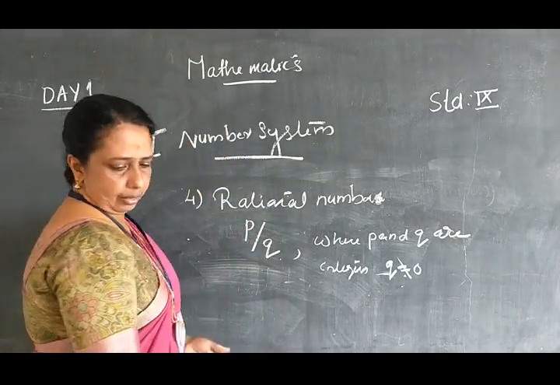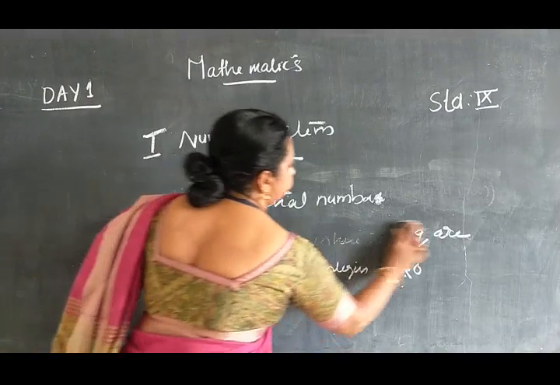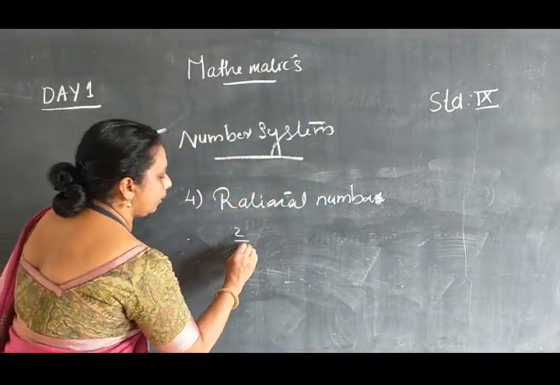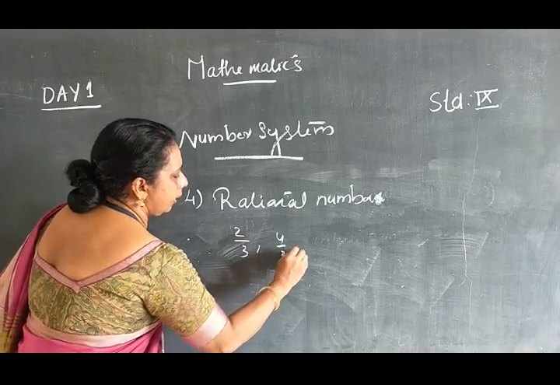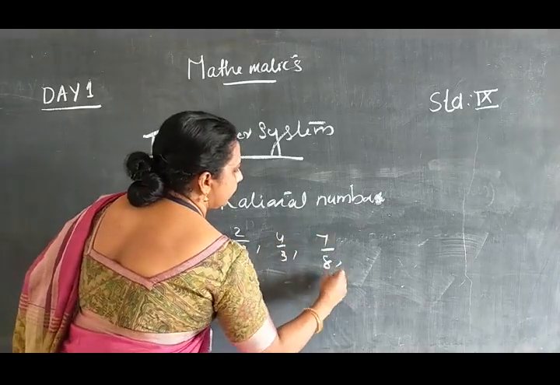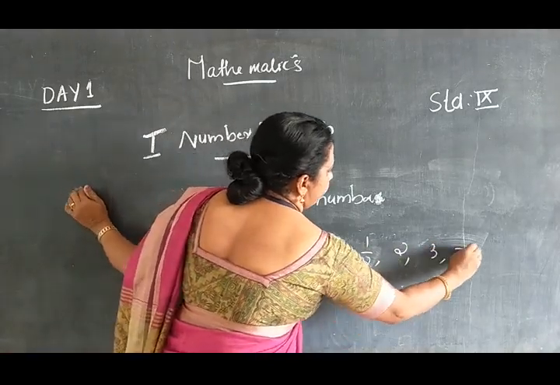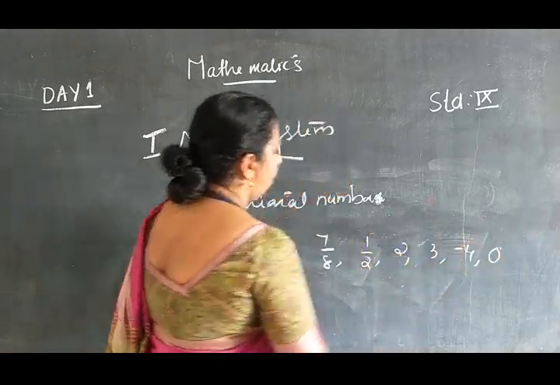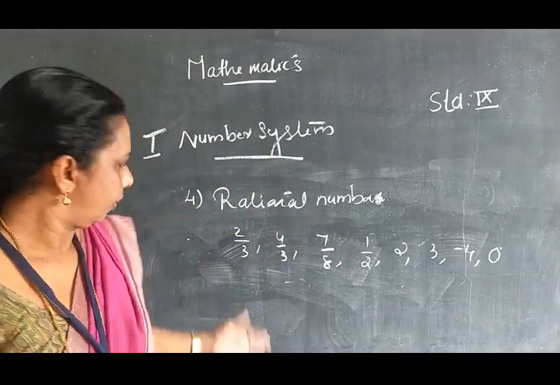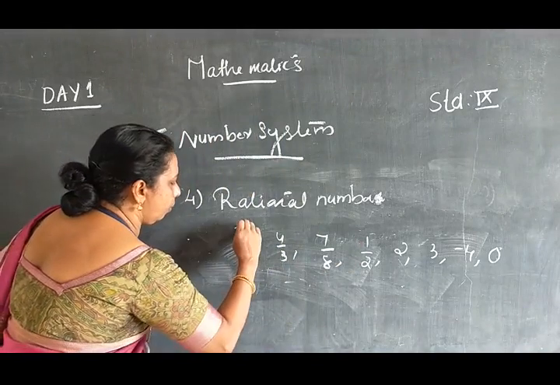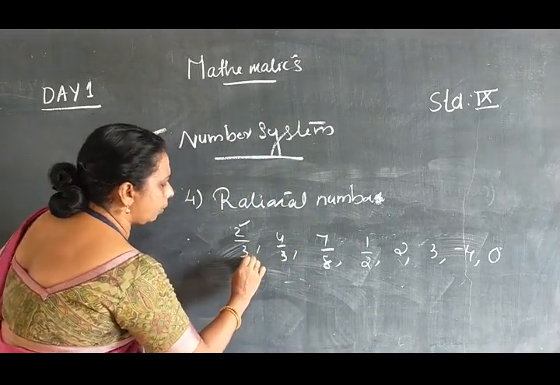Okay, for example, we can write 2 by 3, 4 by 3, 7 by 8, minus 1 by 2. Listen here, first one, 2 by 3 is in the form P by Q, where P is 2 and Q is 3.